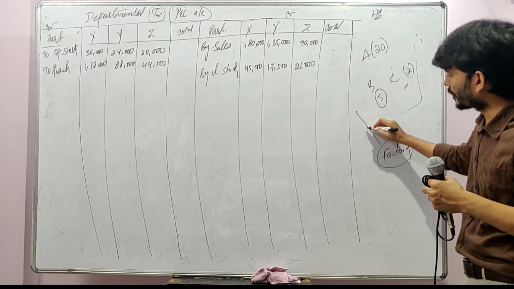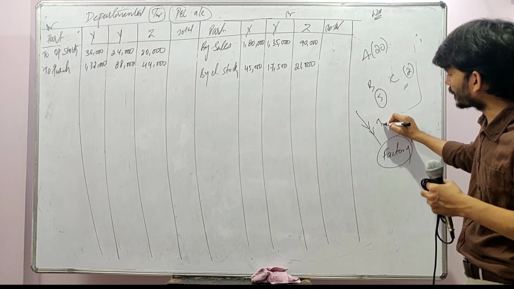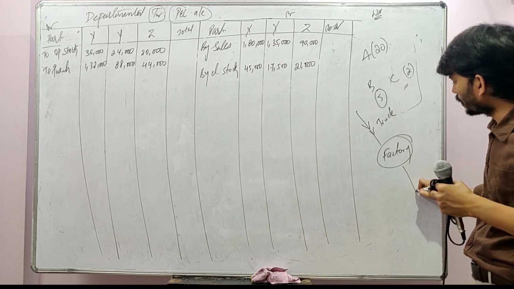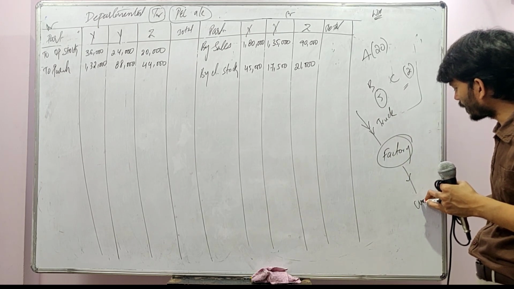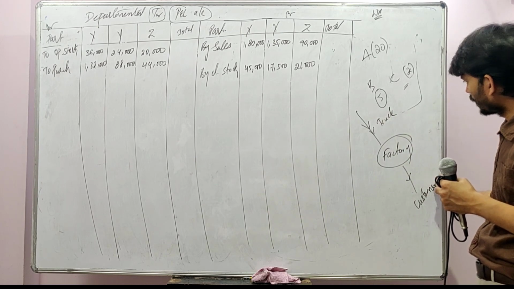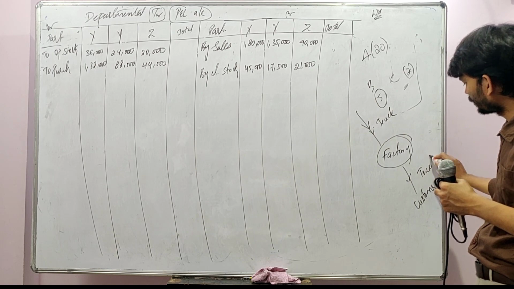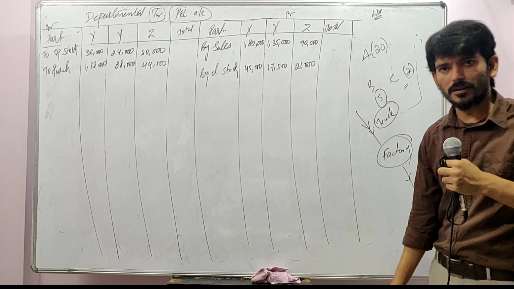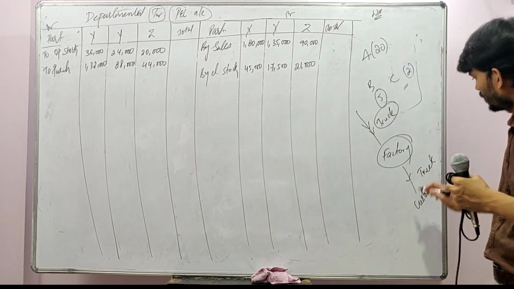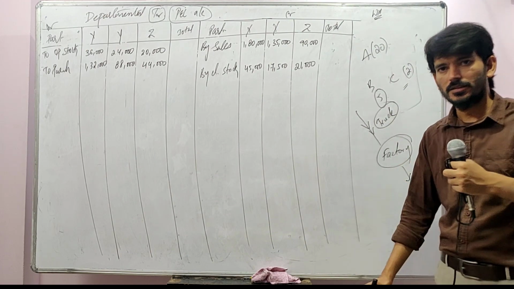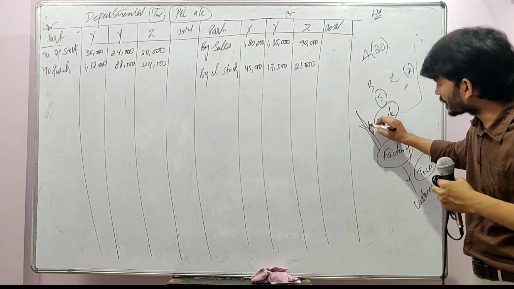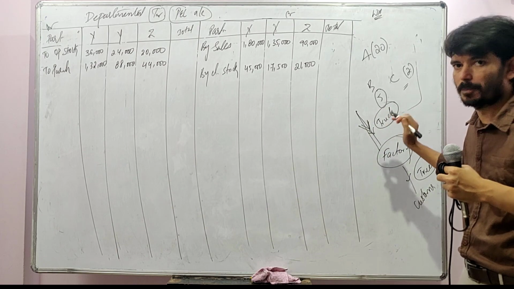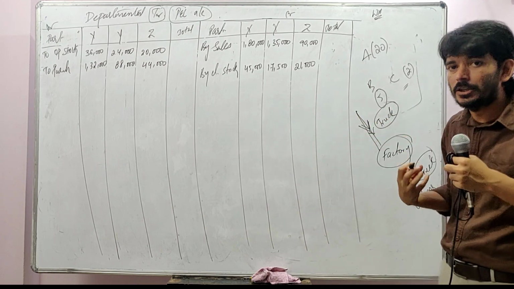To bring the goods from your supplier, you need the truck. To sell your goods to the customer, you again need a truck. Here also you pay the charges, carriage. So this will be termed as carriage inwards. This you are paying while the goods are coming into you.